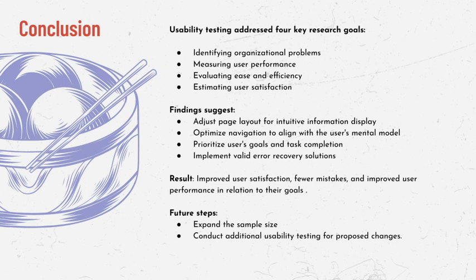And our findings suggest that we need to adjust the page layout for intuitive information display, optimize navigation to align with our user's mental model, prioritize our user's goal and task completion, and implement valid error recovery solutions. So hopefully this will result in improved user satisfaction, fewer mistakes, and improved user performance in relation to those goals.